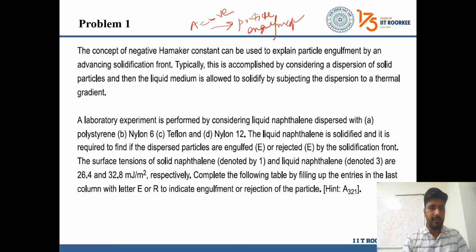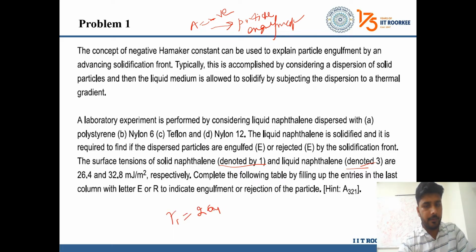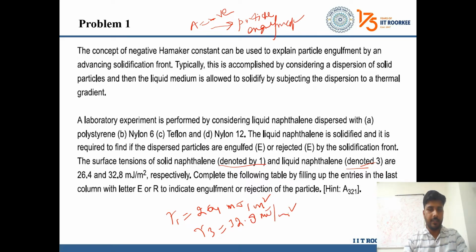So here the surface tensions of solid naphthalene and liquid naphthalene are given, denoted by 1 and 3. Gamma 1 is equal to 26.4 millijoule per meter square, and gamma 3 is equal to 32.8 millijoule per meter square. You have to consider a table and fill up the entries based on engulfment or rejection.